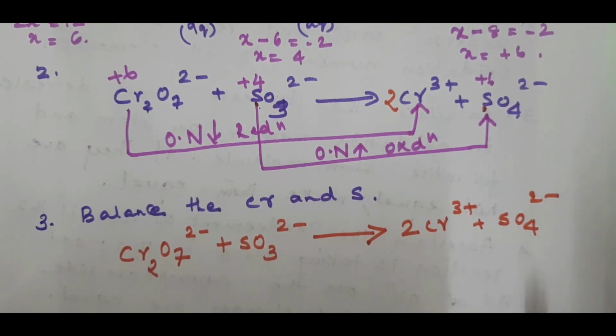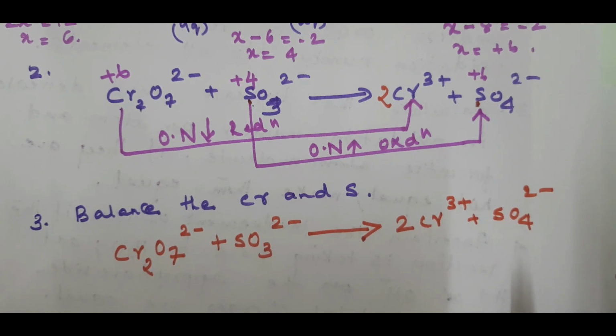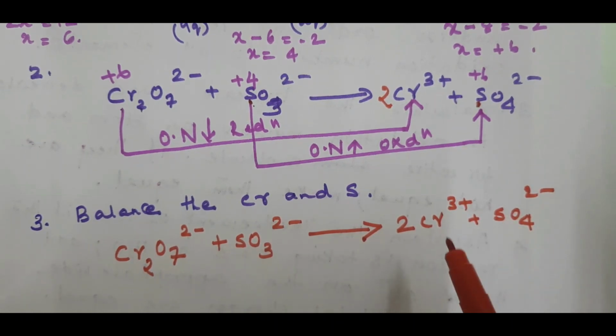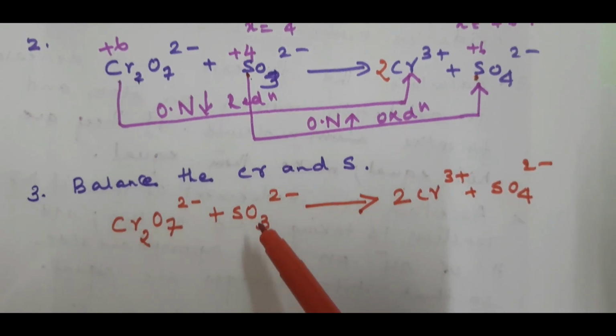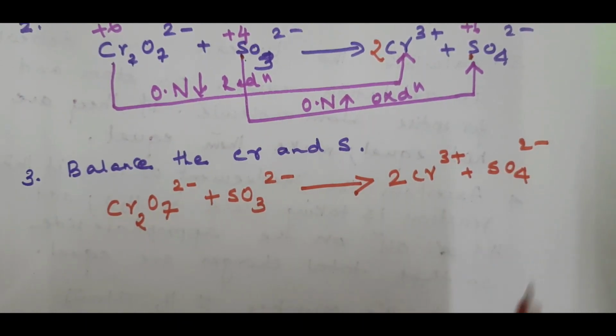See? Correct. Now you have seen the oxidation number increasing and decreasing, and you have balanced the chromium and the sulfur.